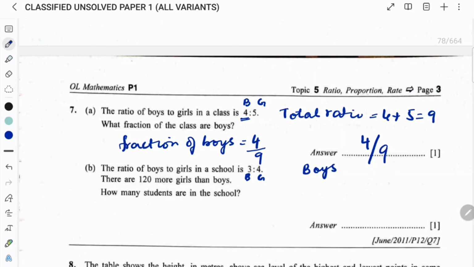So the boys are x and the girls are x plus 120. Remember, there are 120 more girls. More girls means the ratio is also more. If you don't understand who is more, just see the ratio. If the ratio is more, the girls will be more.